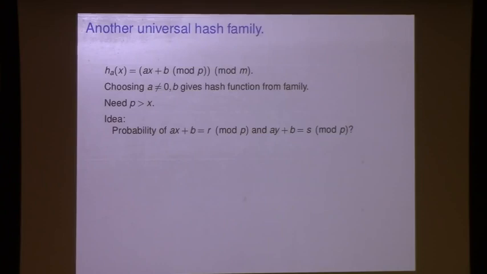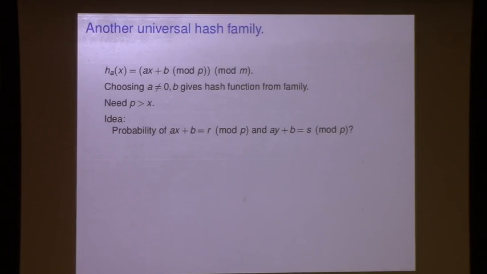Okay? So now, given those, this probability is in this notion of the sample space being the choice of a and b. Okay, so now ax plus b, we're going to use this sort of claim. What is the probability that ax plus b equals r and ay plus b equals s? What does that look like to you?